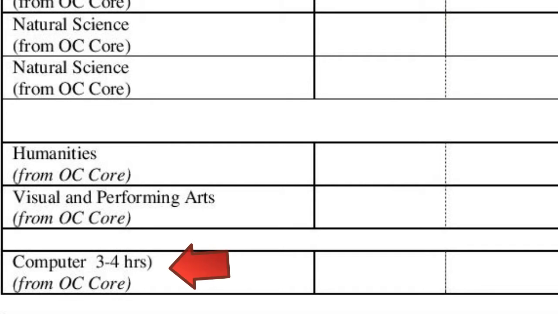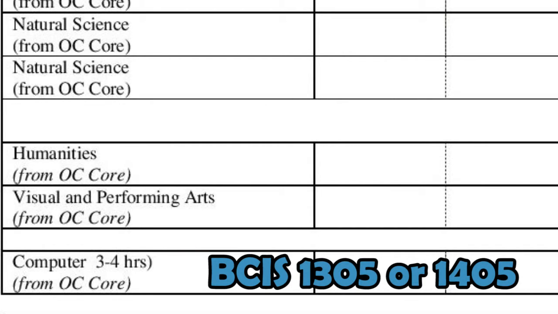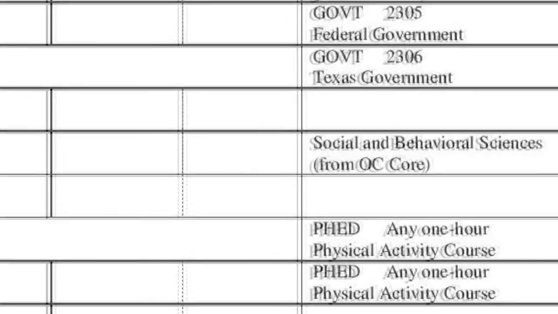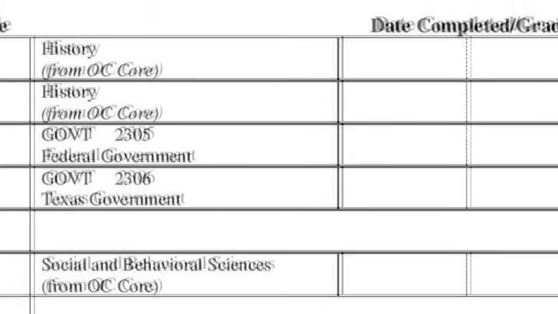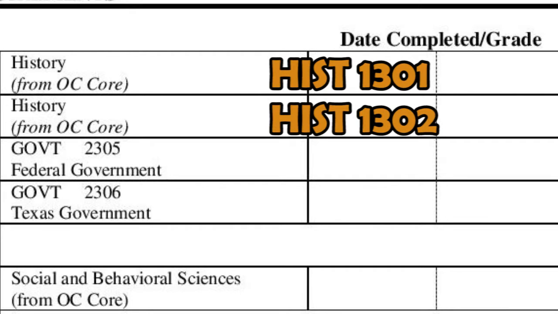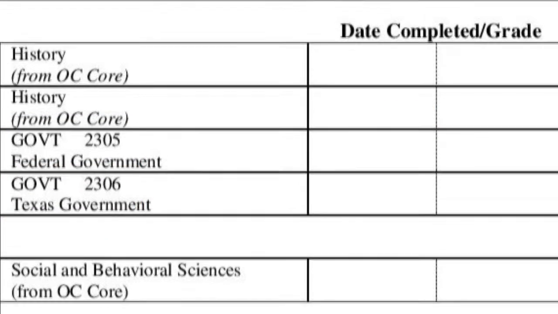Under the computer requirement, you will need to take either BCIS 1305 or BCIS 1405. The next section consists of the history and government requirements. You will need to take History 1301, History 1302, Government 2305, and Government 2306.